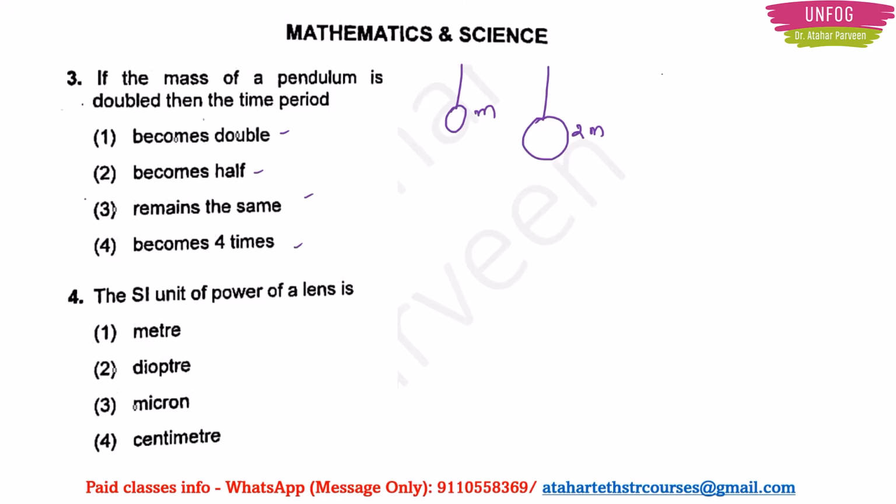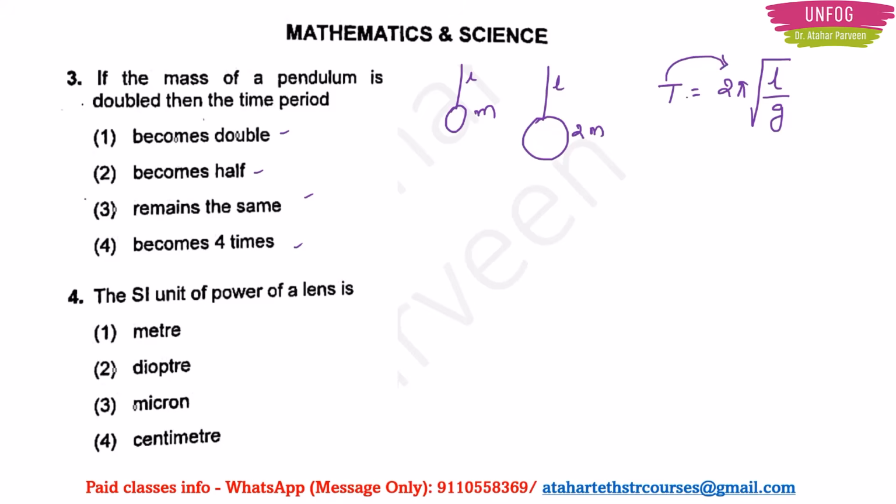See, for this you should be knowing the formula for the time period of a pendulum, which is equal to 2 pi into square root of L upon g. L is the length of the pendulum. g is acceleration due to gravity. Now clearly, in the formula relating the time period and the other quantities, we do not have mass.